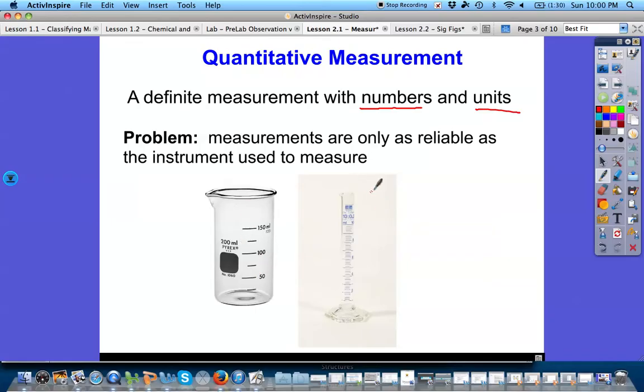With the graduated cylinder, there are graduations at every tenth of a milliliter. So if I needed 8.5 milliliters of water, my best bet is to use the graduated cylinder to measure that versus the beaker.